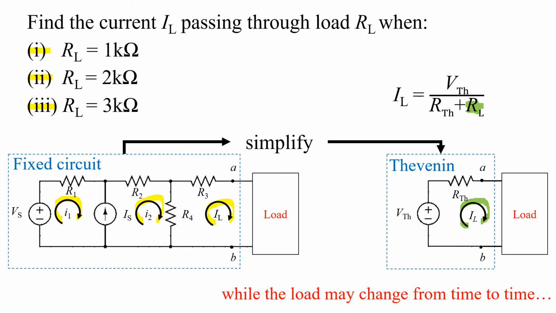We just need to change the value of RL from 1K, 2K to 3K ohms in this Thevenin equivalent circuit to find the current. Therefore, the benefit of the Thevenin's equivalent circuit is that we don't need to keep repeating the complex calculations. We just use the Thevenin voltage and the Thevenin resistance to represent the complex circuit.